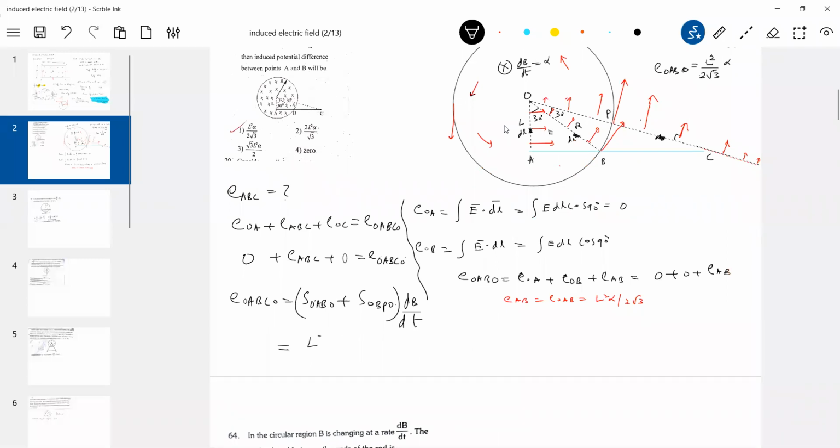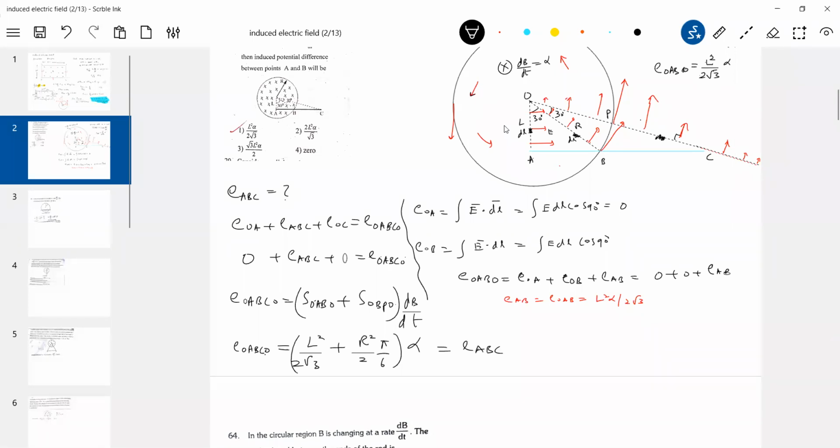L square by 2 root 3. What is the area of the sector? Half r square theta. So r square, angle pi by 6, into this is alpha. And this should be equal to E_ABC. Able to make it out now?